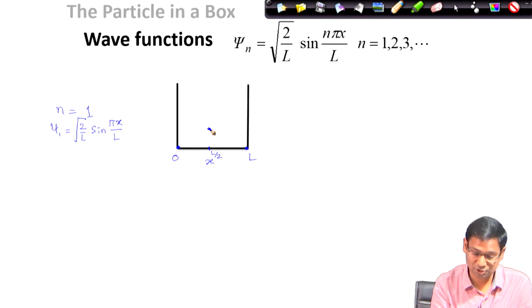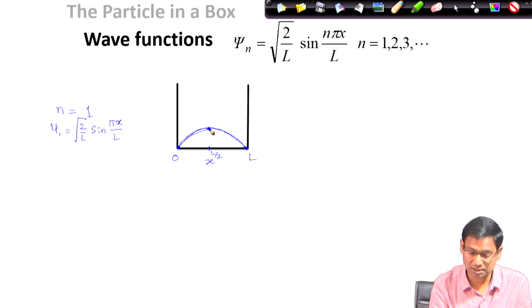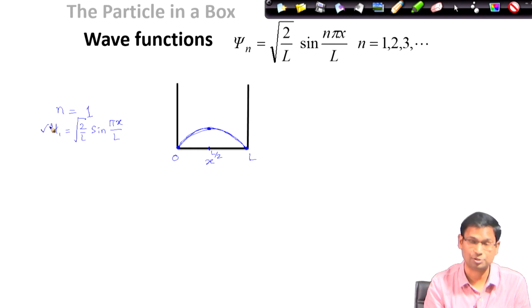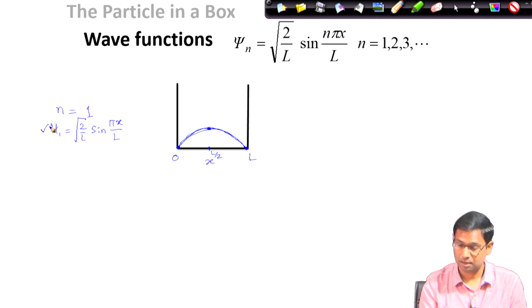So, the wave function is 0 at x equals 0 and x equals L, and it has a finite value at x equals L by 2, and you see the sine function would have a dependence like this. So, this is the wave function for the lowest wave function when n equals 1.